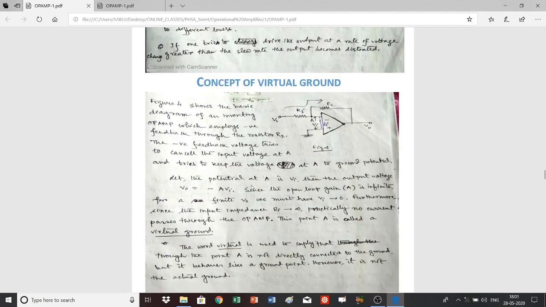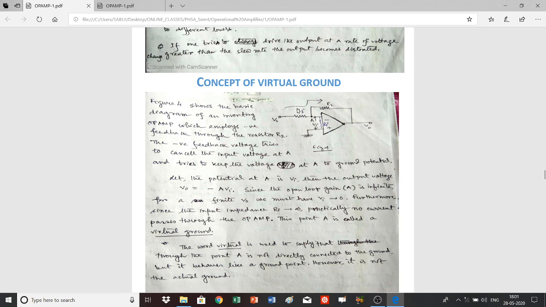Now, the concept of virtual ground is very important throughout this chapter to calculate the gain for different kinds of amplifiers. So what is virtual ground? Here is a basic diagram of an amplifier.